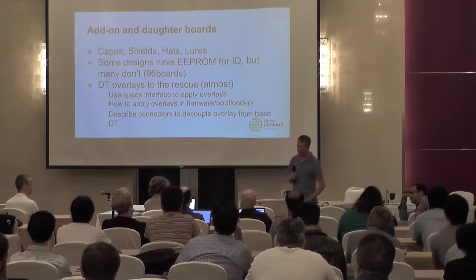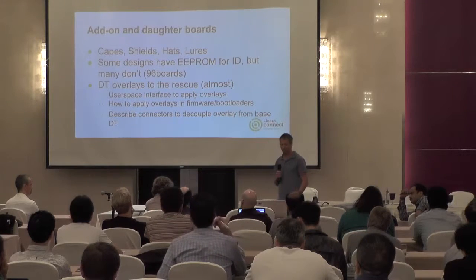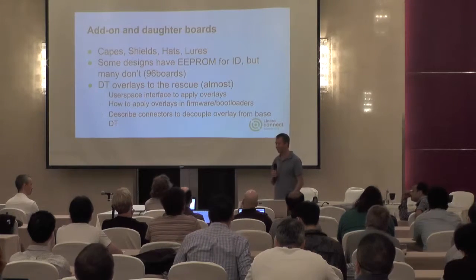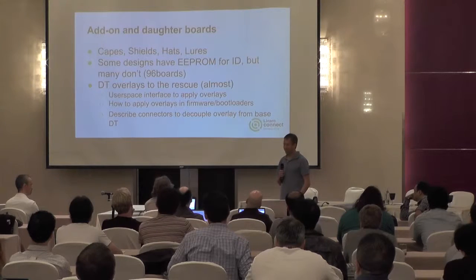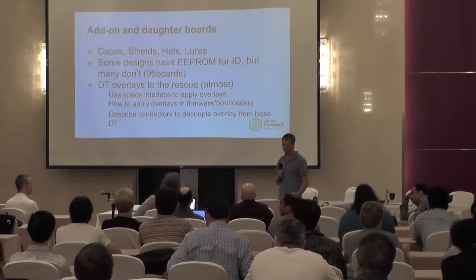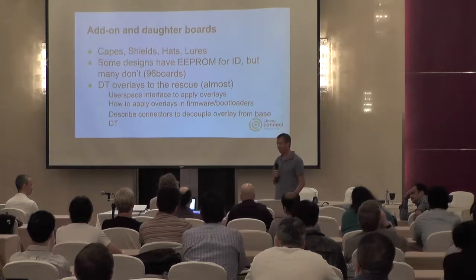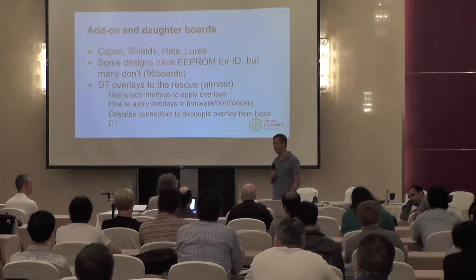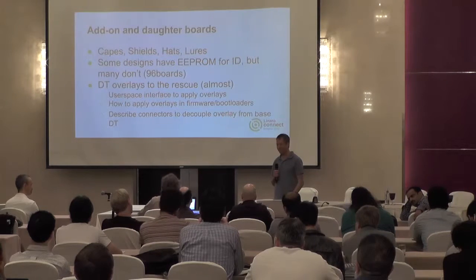So another area is add-on boards: capes, shields, lures, mezzanine boards. How to handle these for multiple baseboards is a challenge, how to identify them.